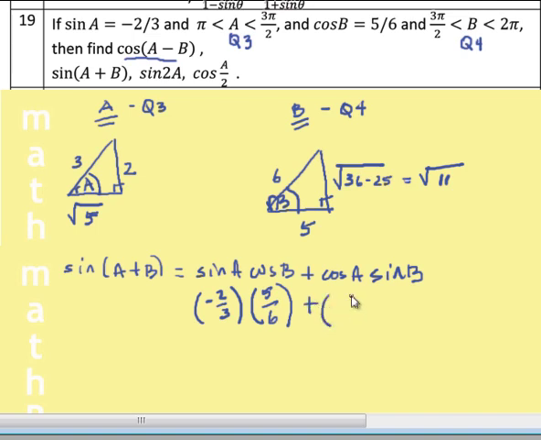And now we want cos A and sine B. Cos A, let's go here. So we'd have square root 5/3, and we're in quadrant 3, so that would be negative. And sine B, let's go over here. That's opposite over adjacent, and we're in quadrant 4, so that would be negative.